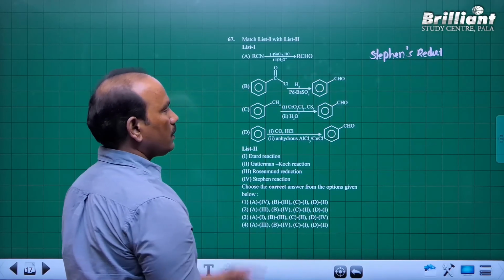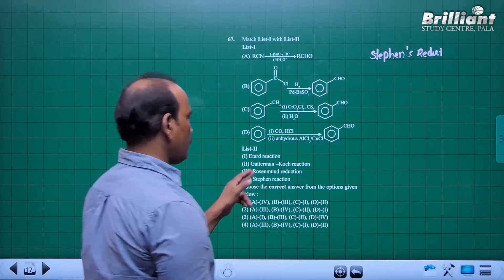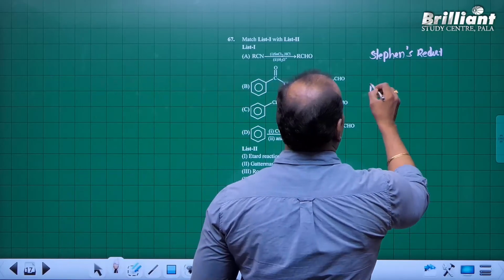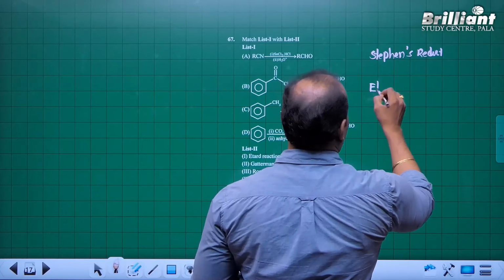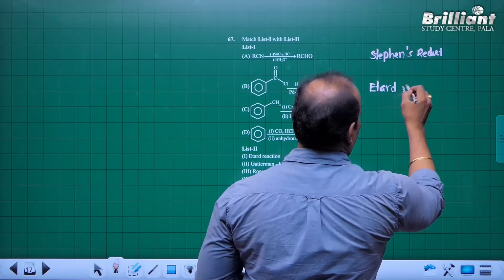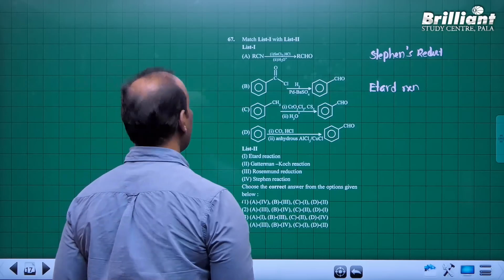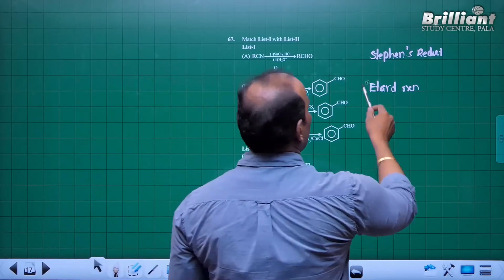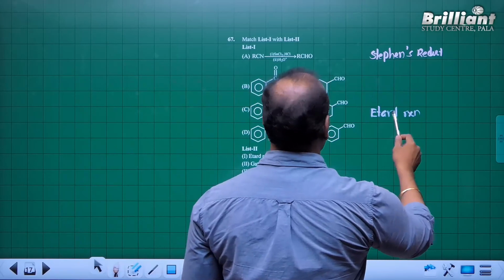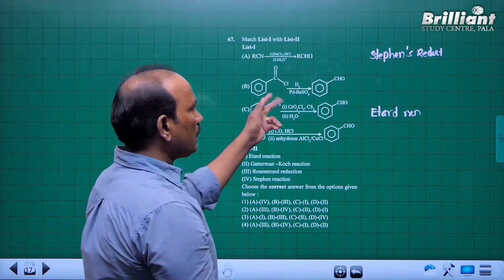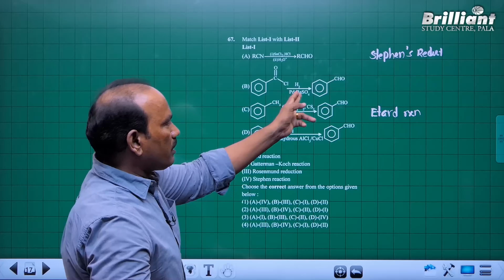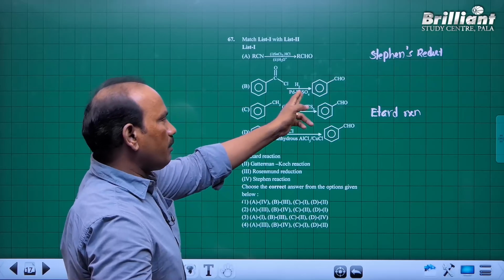Next, this is chromyl chloride, the Etard reaction. Now, acid chlorides react with H2 in the presence of palladium on barium sulfate.